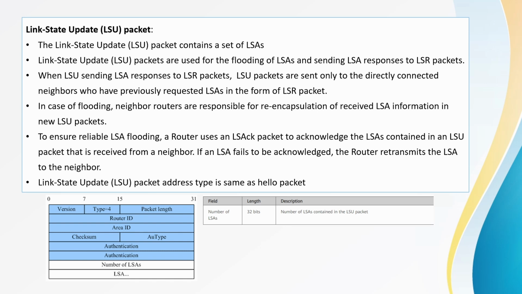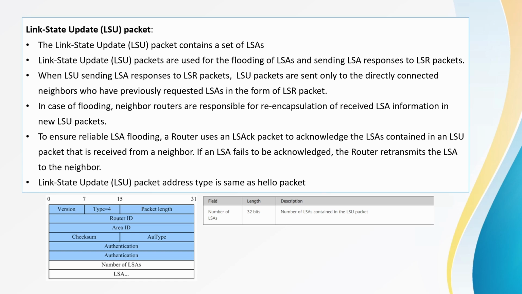To ensure reliable LSA flooding, a router sends an LSA acknowledgement packet to acknowledge the LSA's content in the LSU packet received from a neighbor. If the LSA fails to be acknowledged, the router retransmits the LSA to the neighbor.